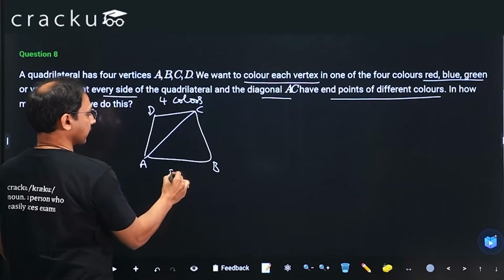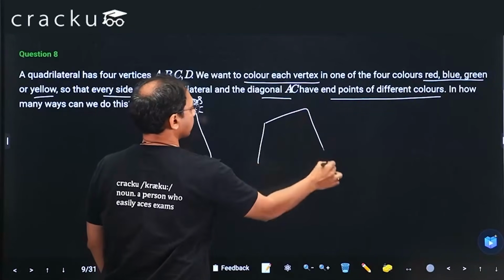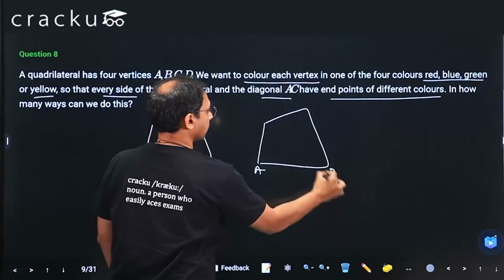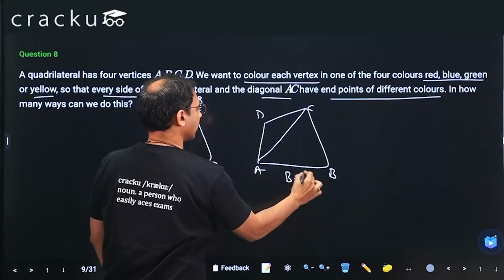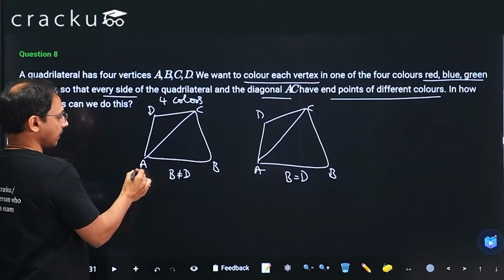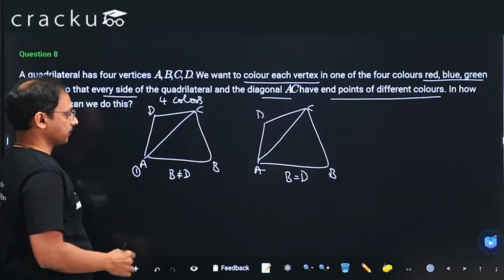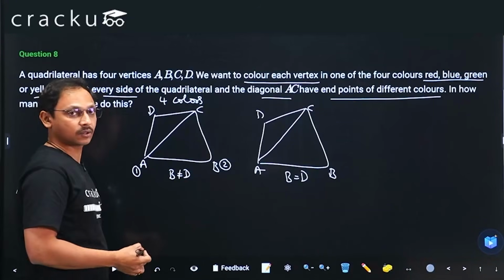So I'll take 2 cases. B and D have different colors. B and D have same color. So let us say A, I'll color with one color. B has to have another color. So let us say this is color 2.